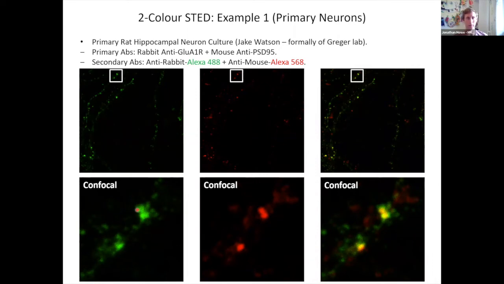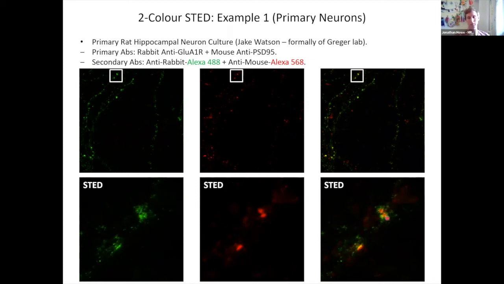So in green, we have the GluA1 receptor, and in red, we have this thing called PSD95. And you can see here we have a lot of yellow co-localization. But when we turn on the STED, a lot of that yellow overlap goes away. And in fact, we see much more resolution, particularly in the green channel. It's quite dotty, and the green protein sort of decorates around the edge of the red protein.